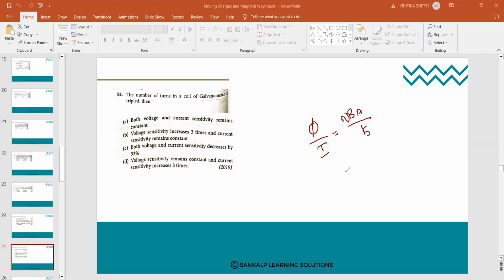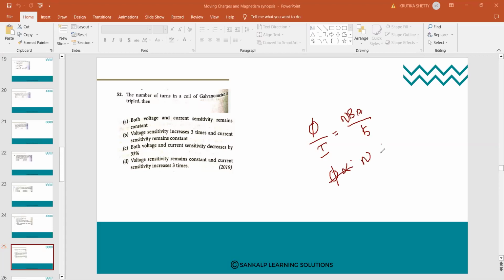But here the term does not consist of the voltage, therefore we can say the voltage sensitivity remains constant as the number of turns is tripled.